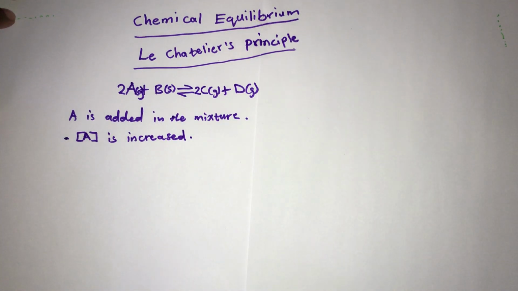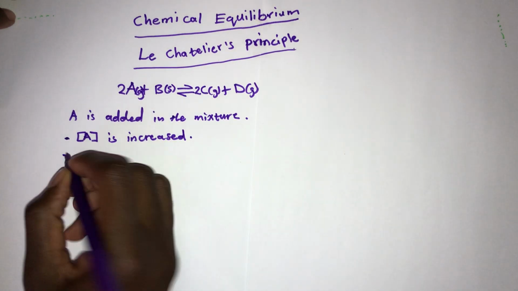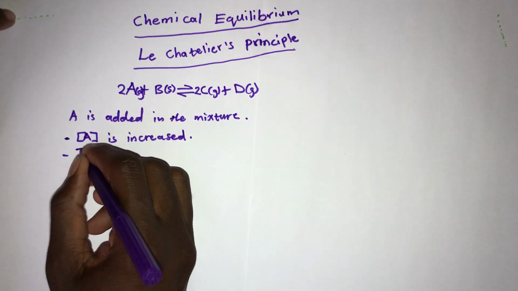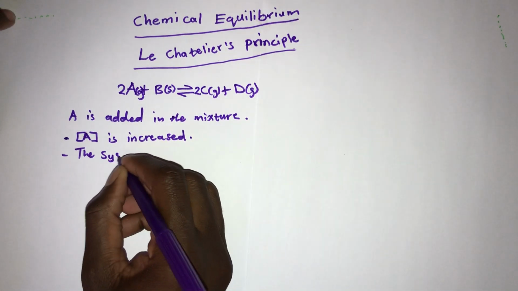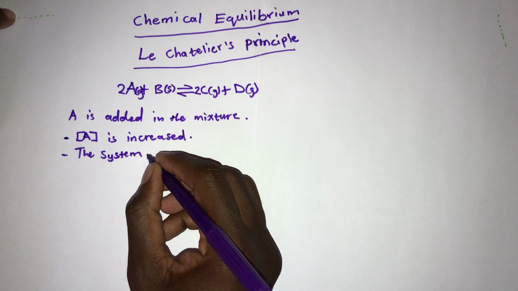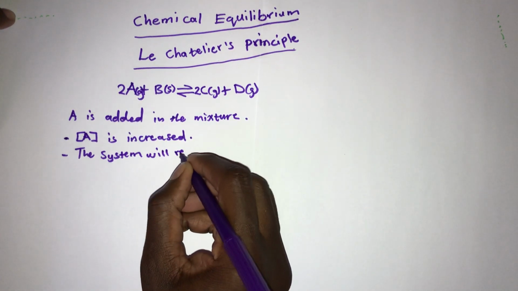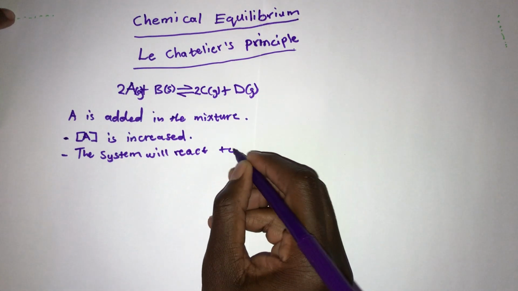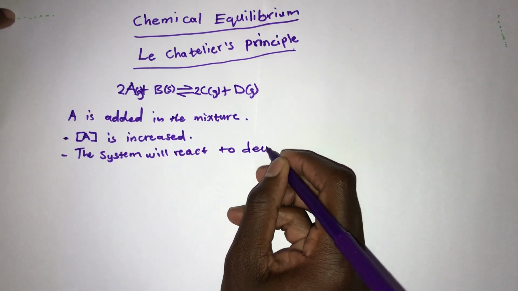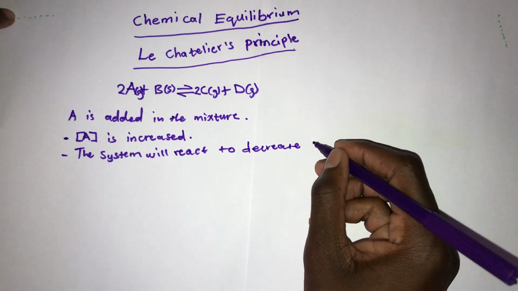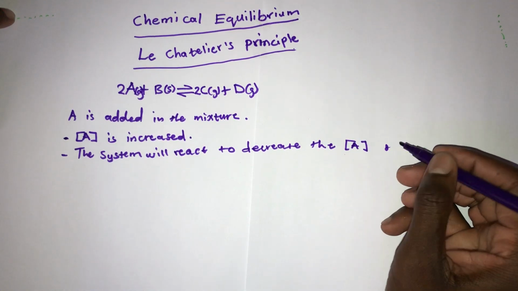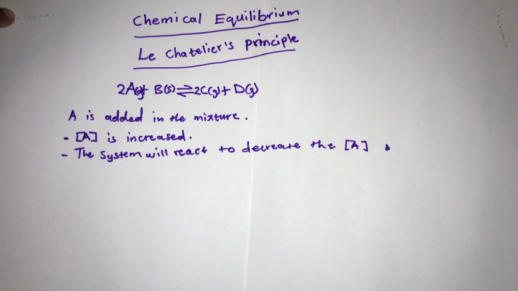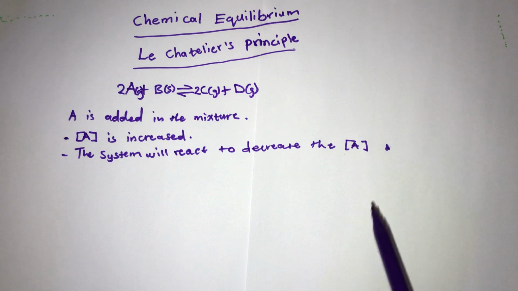Since the concentration of A is increased, according to Le Chatelier's principle, the system will react to decrease the concentration of A. That's the first point that we're going to say.